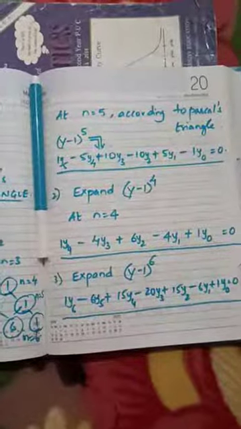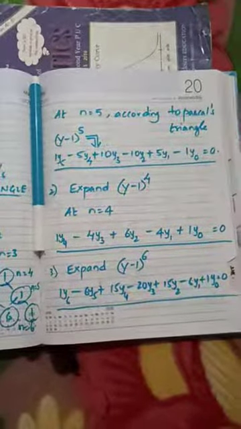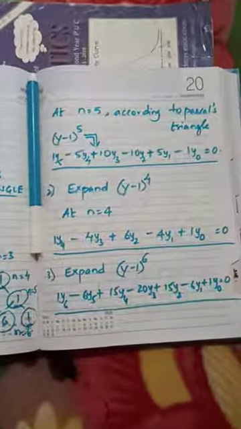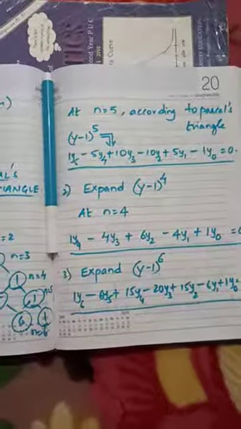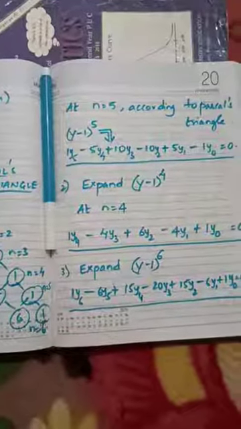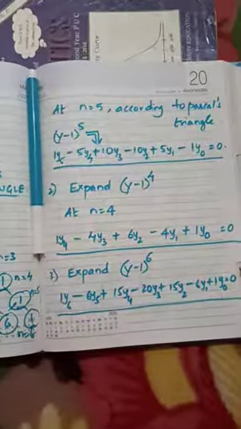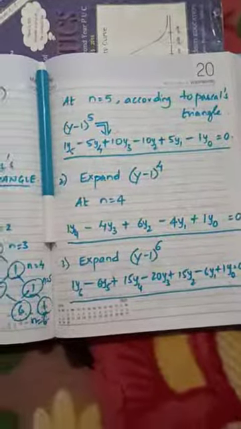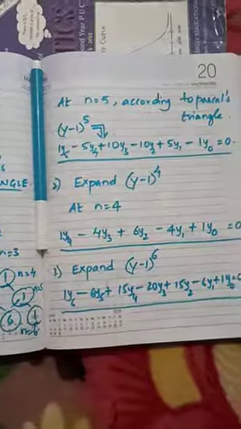And then, in a logical manner, make the entries of the dependent variables y0 to yn. From yn to y0 you note down. So at n equals 5, yn is y5. So y5, y4, y3, y2, y1, y0, from higher to lower, you write adjacent to the line 1, 5, 10, 10, 5, 1.